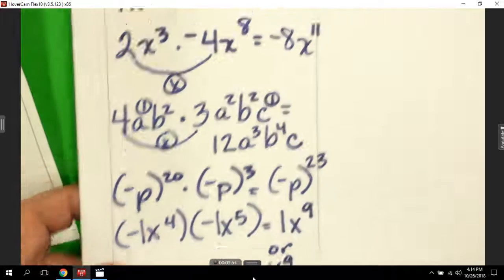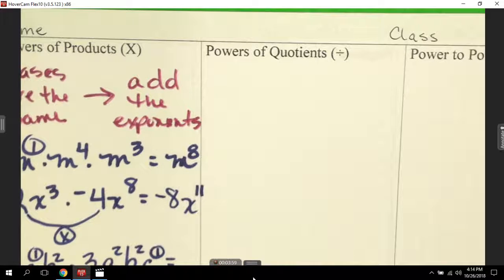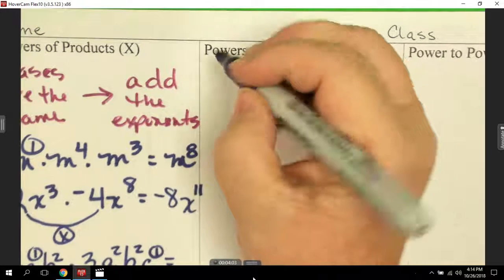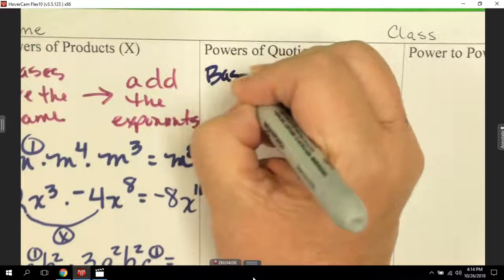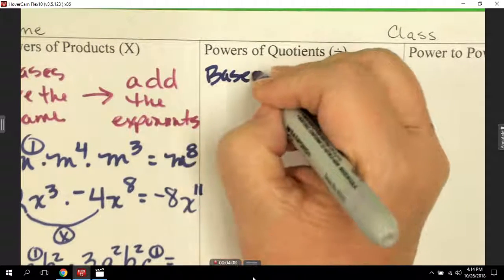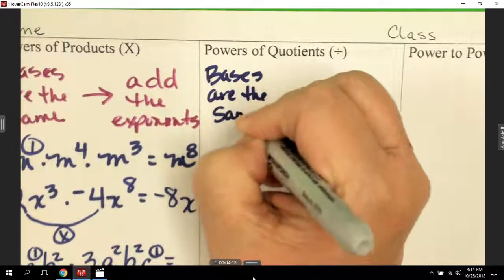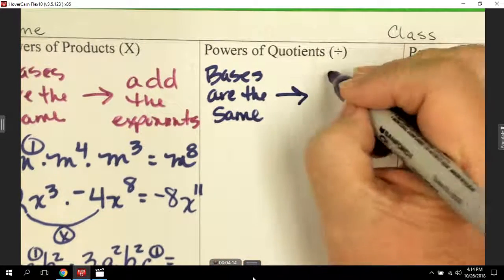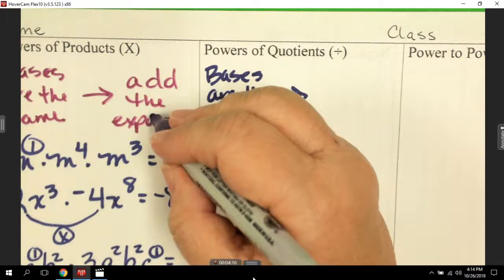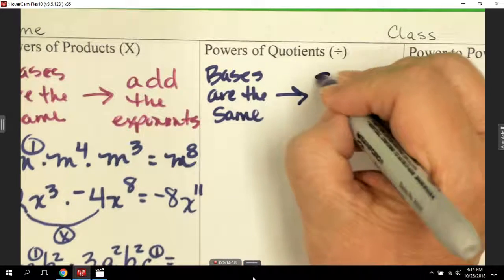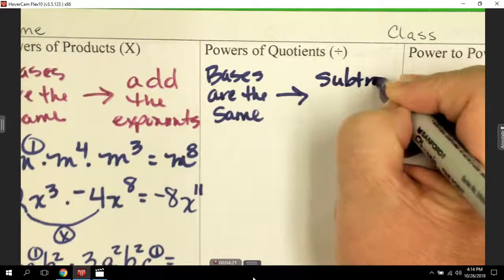Next, some examples reviewing our powers of quotients for division. When the base numbers are the same, instead of adding the exponents, for division, we're going to subtract the exponents.